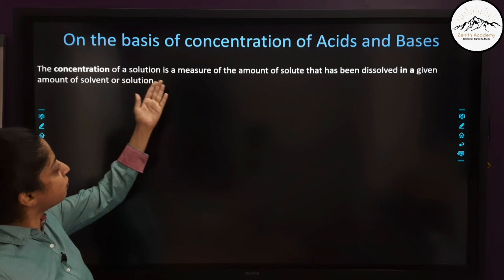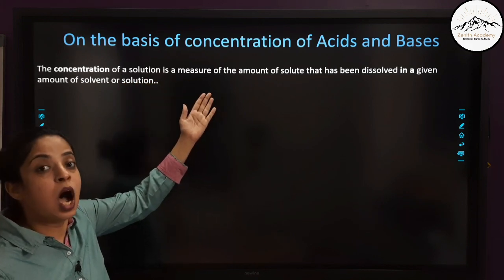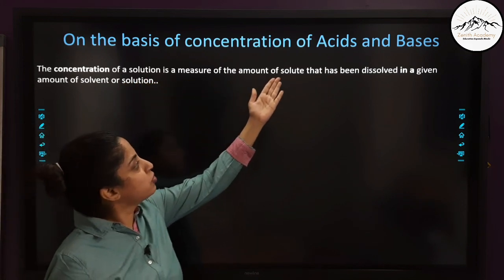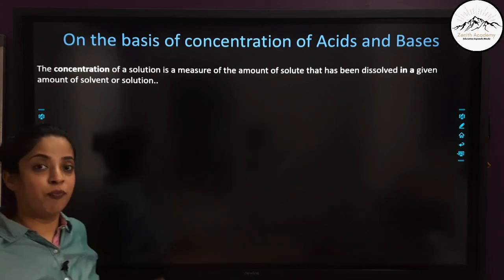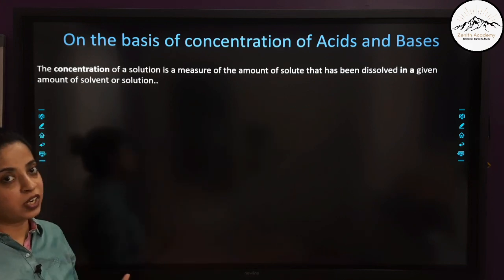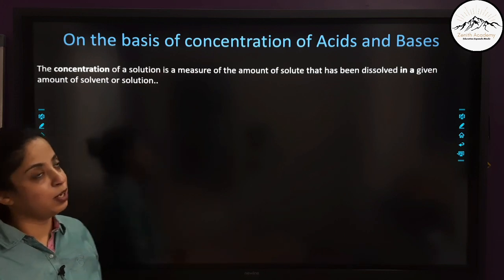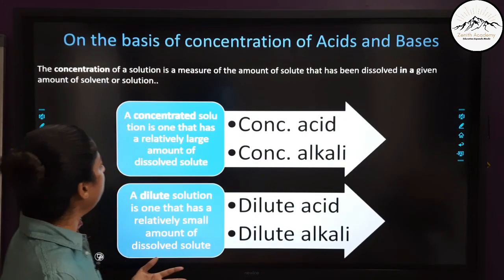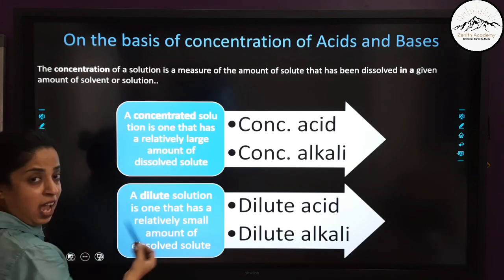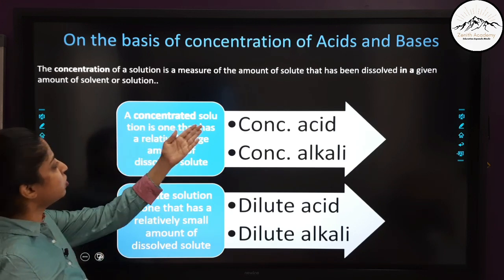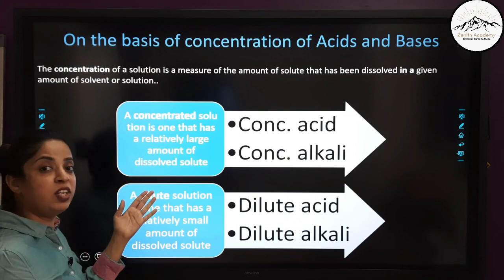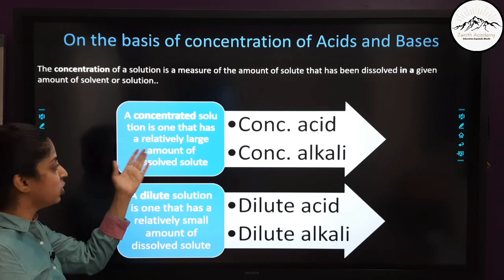So concentration of a solution is the measure of how much solute has been dissolved. If more solute is dissolved, it is concentrated. If less solute is there and more solvent is there, then it is diluted. So what is a concentrated and diluted solution? A concentrated solution is the one that has a relatively large amount of dissolved solute.